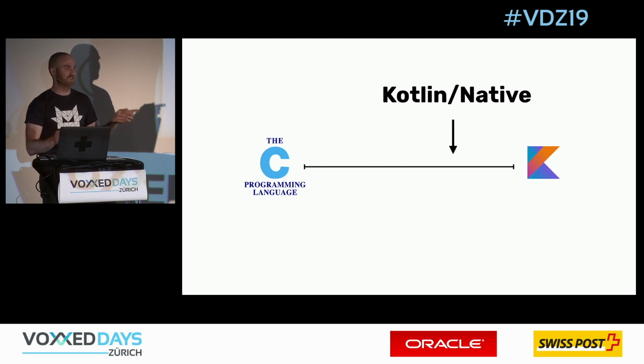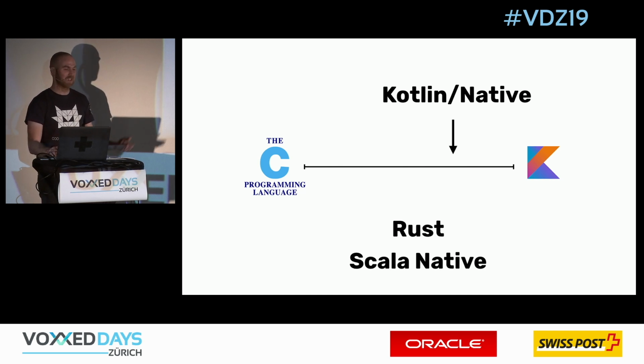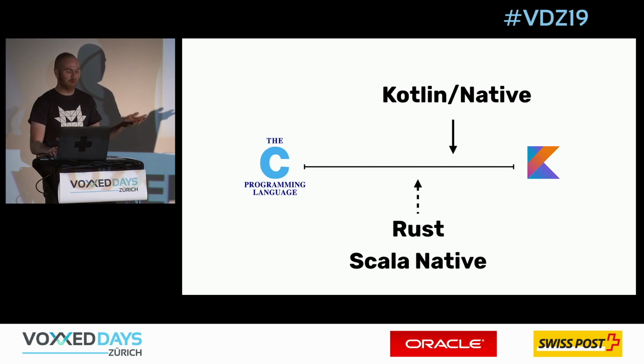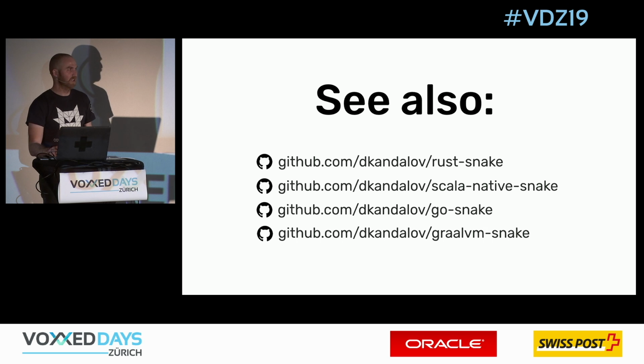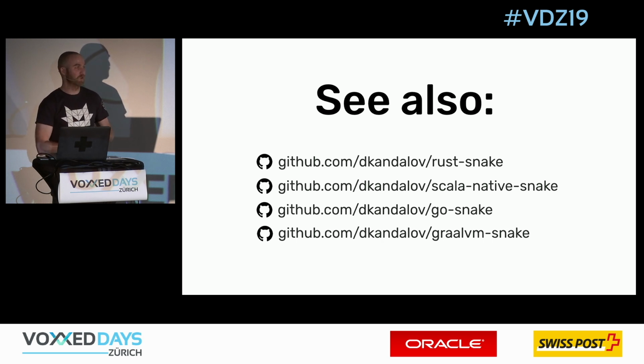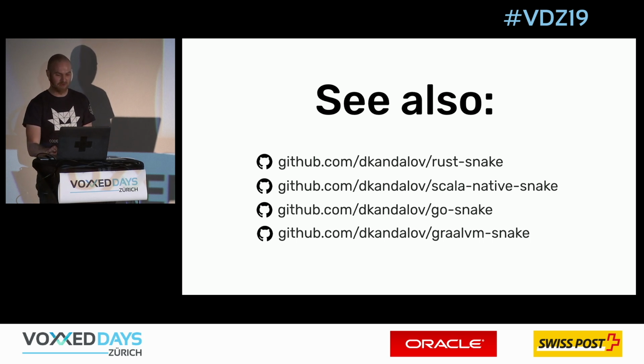If you know Scala, you definitely know Kotlin, and if you know Kotlin, you know Kotlin Native, so you can easily write native code. Compared to Rust or Scala Native, they're probably not as nice as Kotlin, I would say. If you're interested, I also re-implemented the same game in all these technologies, like Rust, Scala, Go, and GraalVM. If you want to compare the differences, you might also want to try Graal, it's quite interesting.